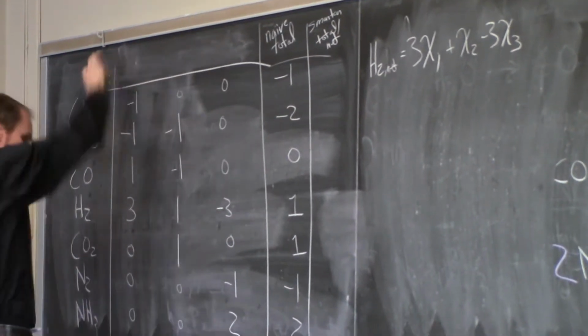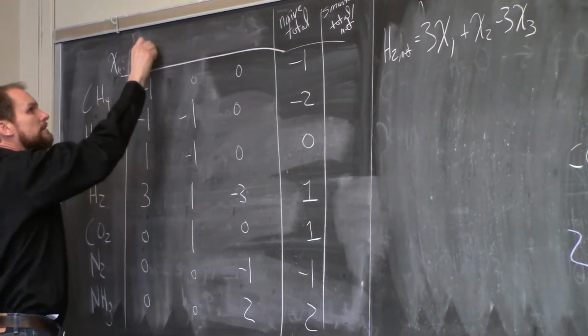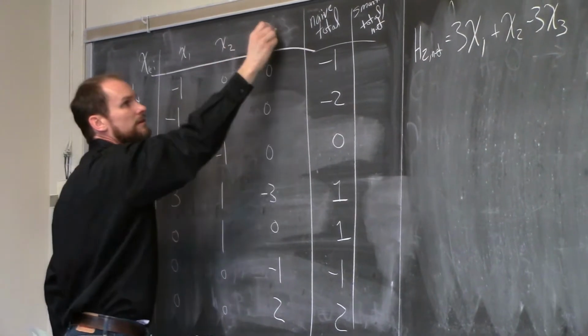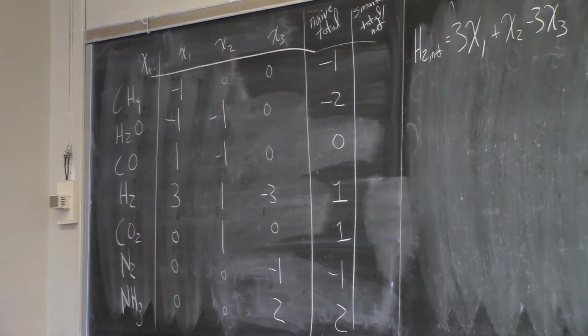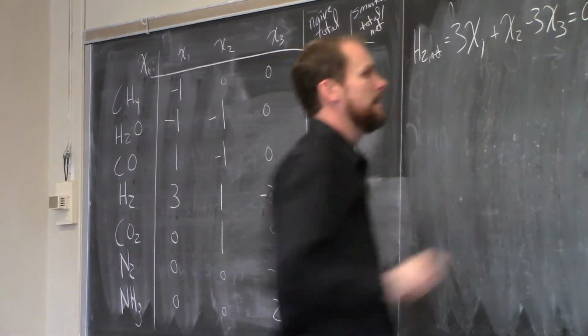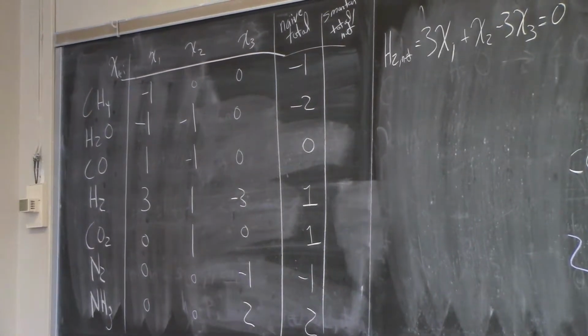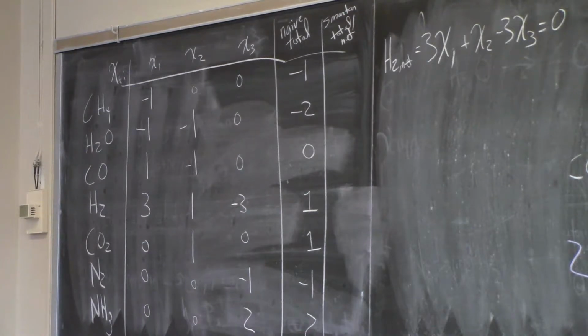Then I want to have no net hydrogen, so I can set that to 0. I've got 3 variables, Chi1, Chi2, Chi3, and 3 equations would be nice, so I can specify something else.